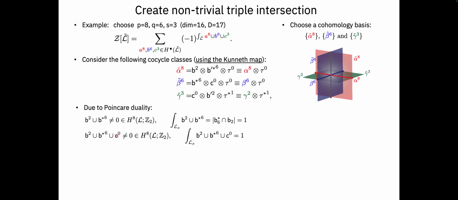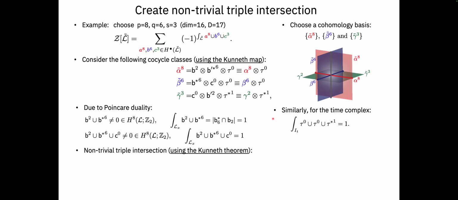And then you can further add another 0 cocycle in the underlying CW complex, and that gives you a triple cup product, which is essentially a triple intersection of the Poincaré dual cycles. And similarly for the time part, these three things also intersect at a single point. Basically, tau 0 you should consider as a line, because it's a 0 cocycle, and tau 1 is just a single point.